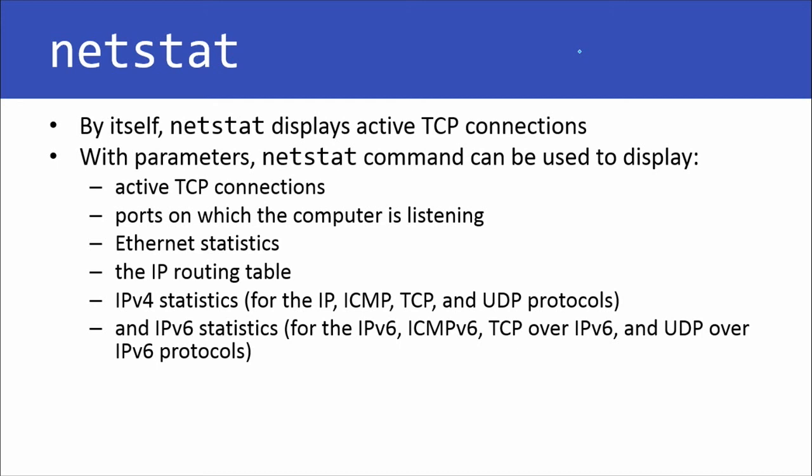With some specific parameters, rather additional characters that are provided after a space after netstat, this command can be used to display not just the active TCP connections, but ports on which a computer is listening, Ethernet stats, the IP routing table, IPv4 statistics, and also IPv6 statistics as well.